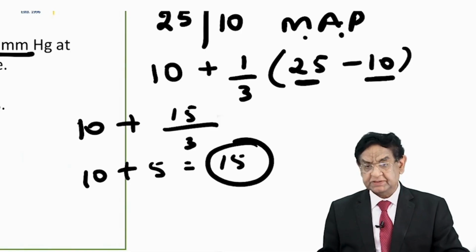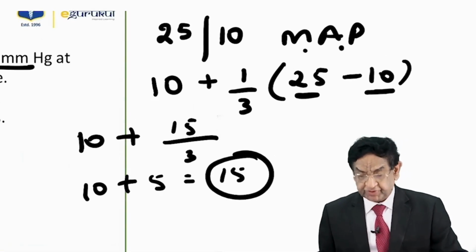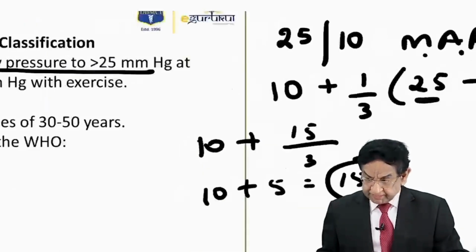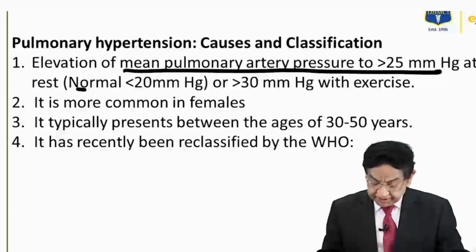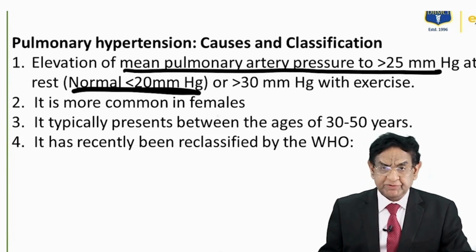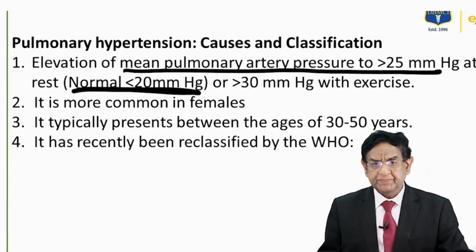So in this calculation it is 15. It's the mean arterial pressure that we are getting. So normal mean arterial pressure is always less than 20 millimeter mercury. In our calculation I have shown you 15, definitely it is less than 20.